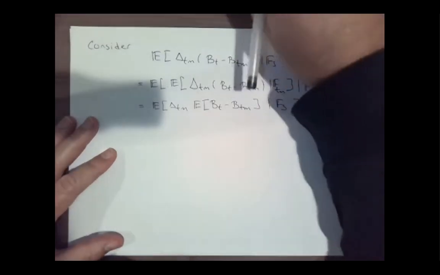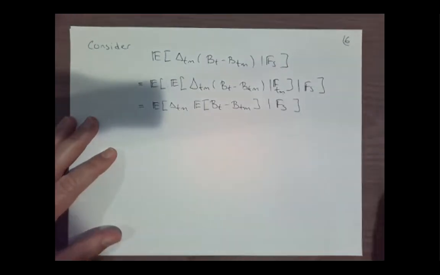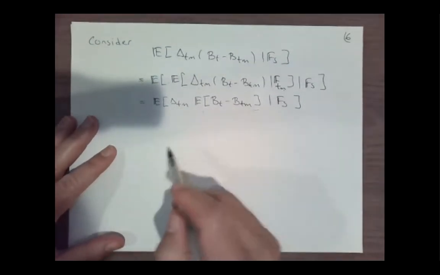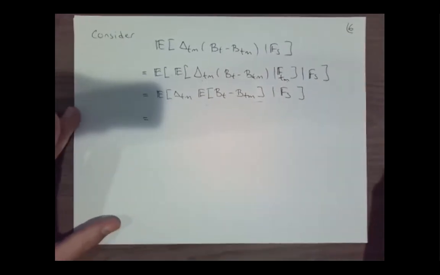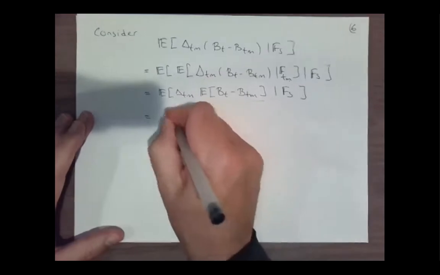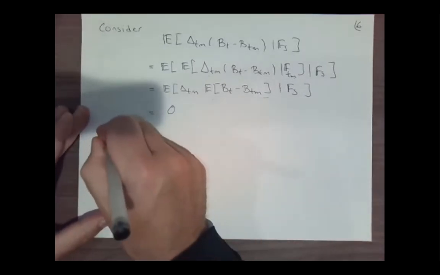It's the same few steps that we do over and over and over. And it leads to all these conclusions. What is this expectation? 0. Yes. And likewise for the other terms.